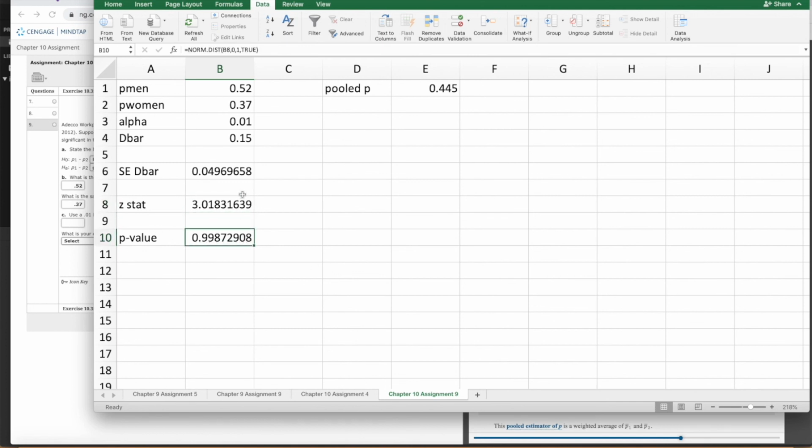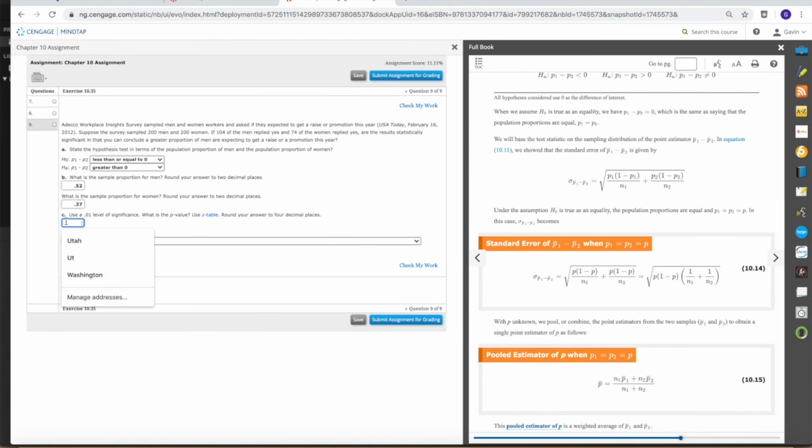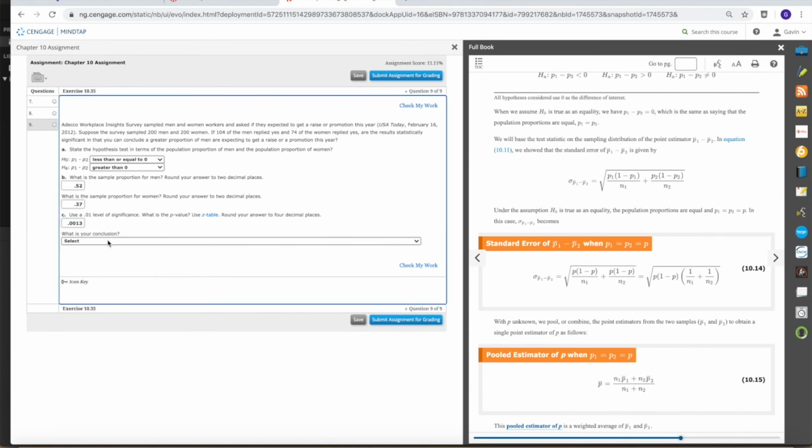But I want the upper or right tail. So I could do 1 minus to get the opposite. That's the p-value. Another way to do that, because it's a symmetric distribution, put a negative in front of that z-value. That's the left tail, but because it's symmetric, it's the same area. So that's 0.0013. Now, what is our conclusion?